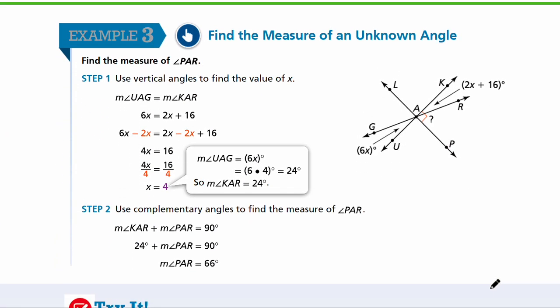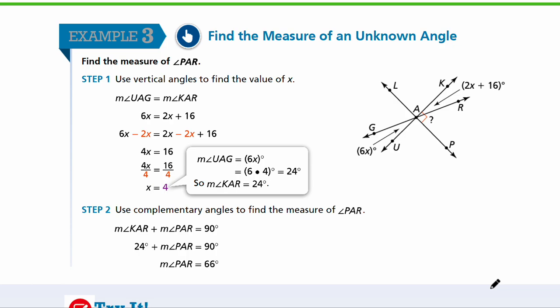Find the measure of an unknown angle. So now, let's look at this diagram. There are a lot of different lines, a lot of different angles that we can talk about. But here, this is a right angle sign, right? So we know this angle KAR and this angle RAP are going to be complementary angles.